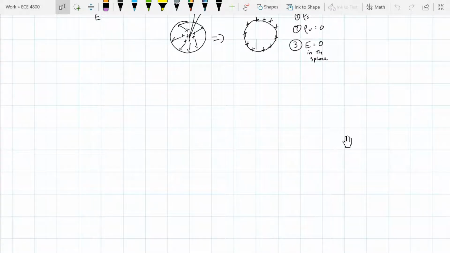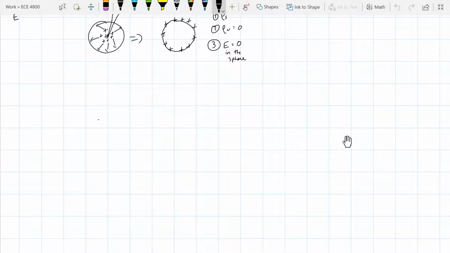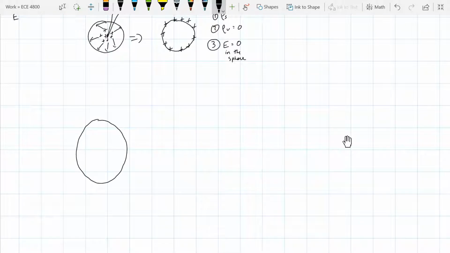So we have a sphere, and there's a total charge of Q deposited on that sphere, but that charge distributes itself equally on the surface.